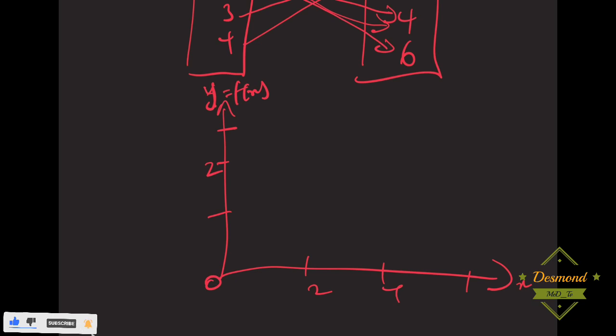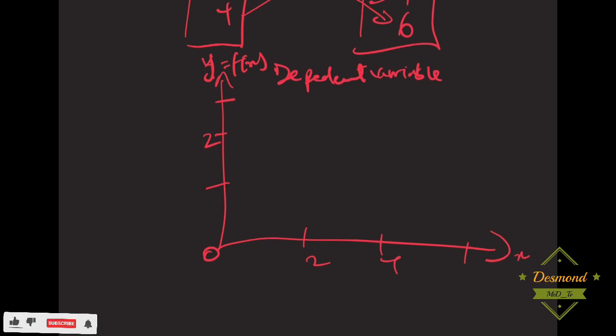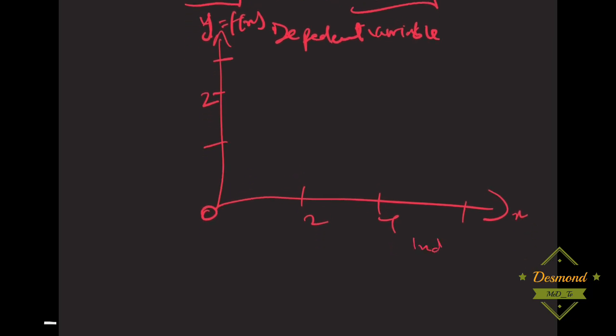So we know that the y part, the f of x part, is the dependent variable, and the x part is the independent variable. And we know the x-axis is there.